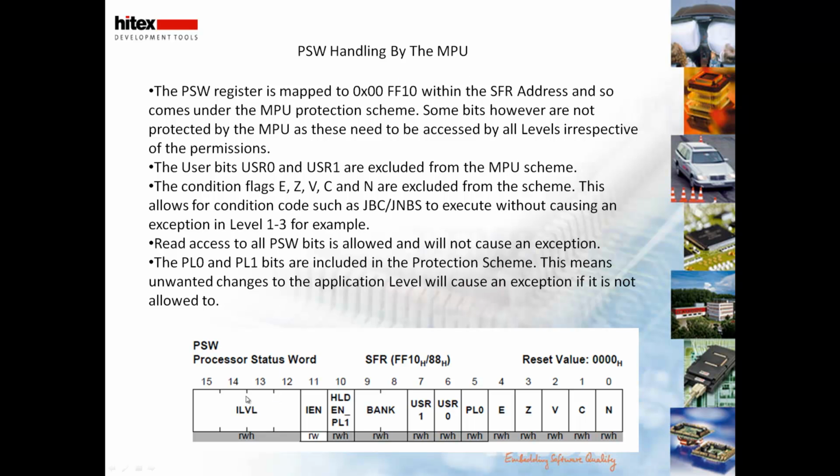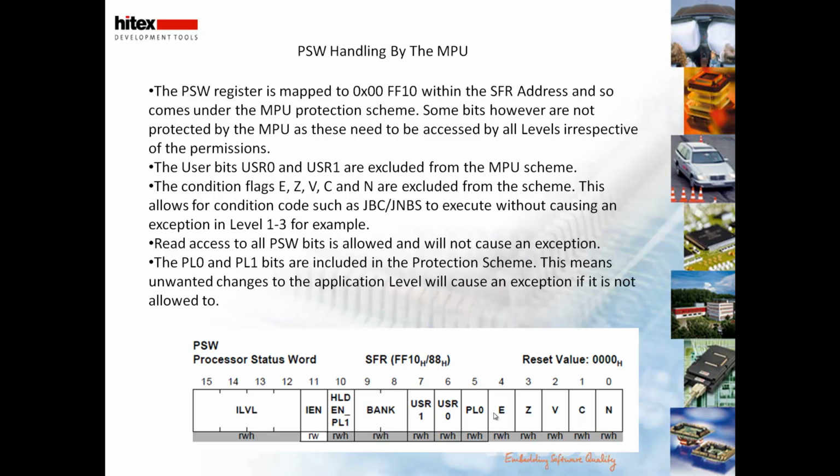Not all of the bits are covered under the protection scheme. So for example, we could have memory location FF10 protected under the memory protection level 0. So level 0 could have access to it, but we could deny access to this for levels 1, 2 and 3. But not all of the bits are protected. As you can imagine, executing code would cause all of these flags at the bottom here to change.